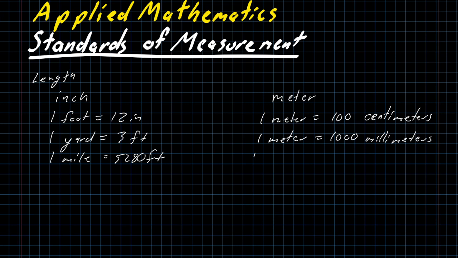And you have that 1,000 meters is 1 kilometer. Once again, I expect that you have those memorized, or if you don't have them memorized, you have them on a handy reference sheet that you can keep with you as you are working on things in this course.